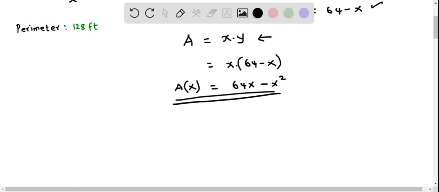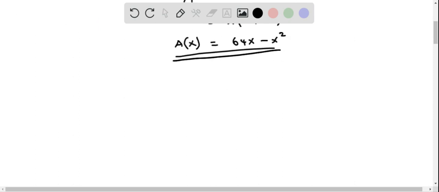So we are going to use the calculus first and second derivative tests to determine that maximum area and also the corresponding x value. So first we have to determine the critical point of this area function, and this is obtained when we set the first derivative equal to 0 and solve for x.